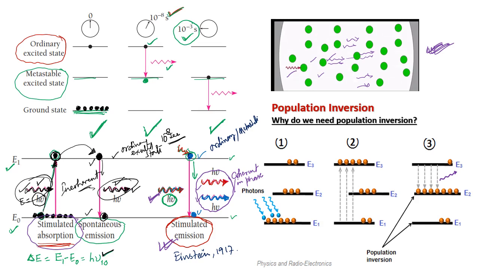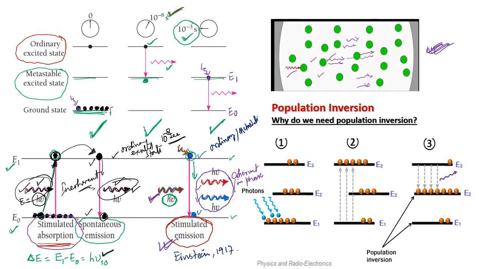What I mean by saying the same probability is that if a photon of energy h nu is incident on an atom in the upper state, say this is my E1, it has the same likelihood of causing the emission of another photon of energy h nu as its likelihood of being absorbed if it is incident on an atom of the lower state, say E naught.